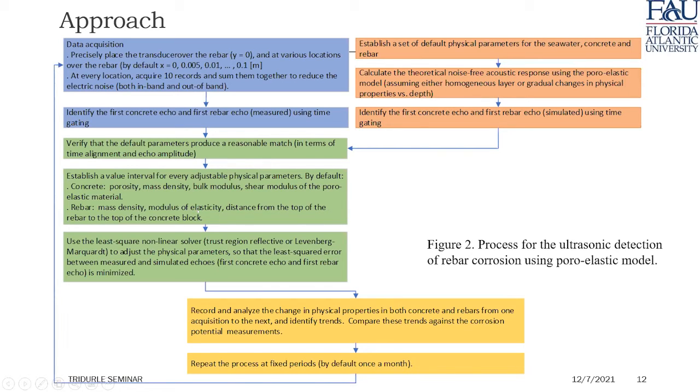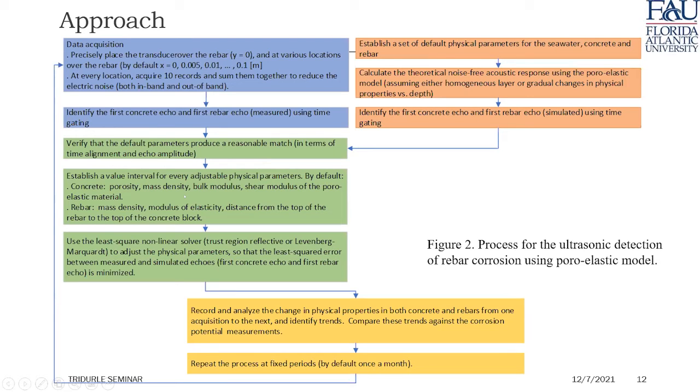Then the second step, which is actually work that was presented by my master student yesterday, consists in performing a non-linear least square minimization of error. In a way, what we do is that we take a certain number of parameters for the concrete: porosity, mass density, bulk modulus, shear modulus, and for the rebar, the mass density, the modulus of elasticity, the distance within the rebar.